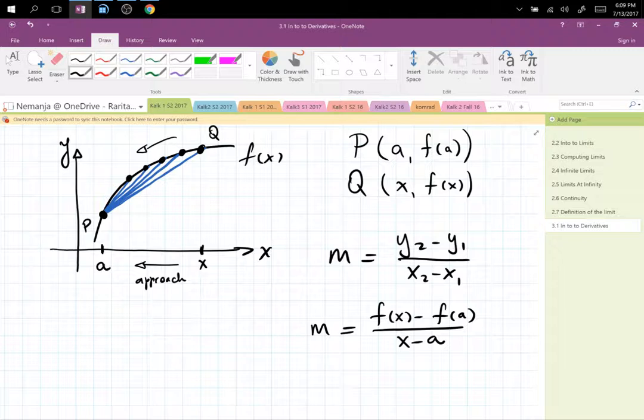When Q and P become the same point, what happens with our calculation? Our calculation becomes impossible. Very good, because we get 0 in the denominator. When the x value for point P is the same as the x value for point Q, because Q got there, then you can call it a minus a or x minus x. It's the same value, and then you get 0 in the denominator, which means we cannot compute.